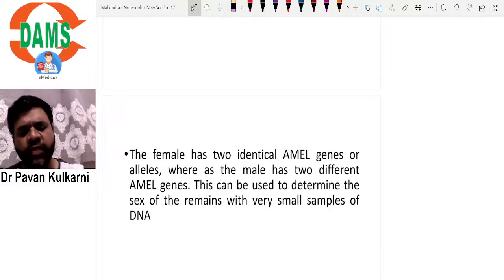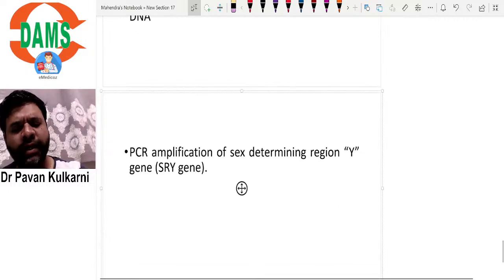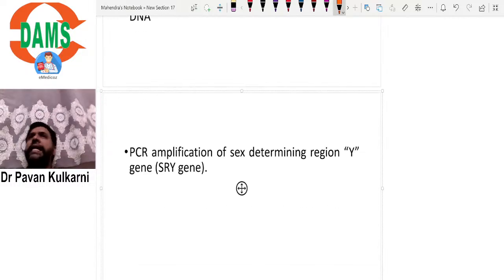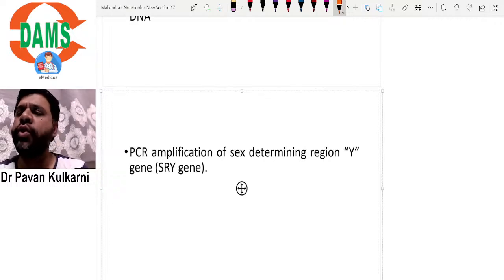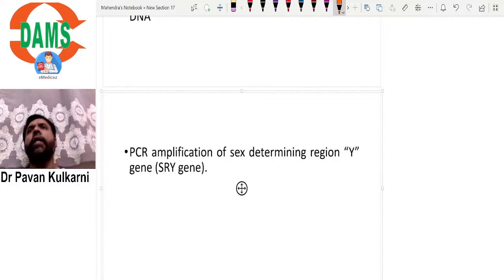There is one more important method, that is the PCR. All of us know PCR, polymerase chain reaction. Polymerase chain reaction is also used widely in amplifying a gene called the SRY gene, that is sex determining region Y. It is also a gene encoded on the Y chromosome, which is again used for gender determination.